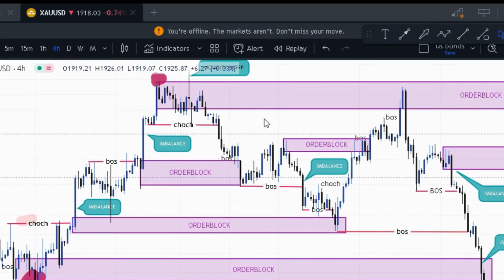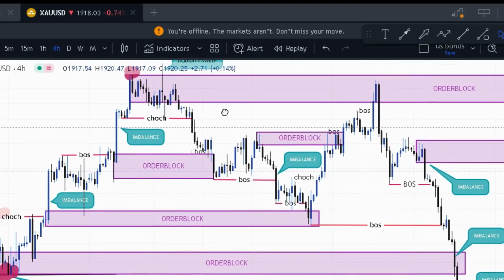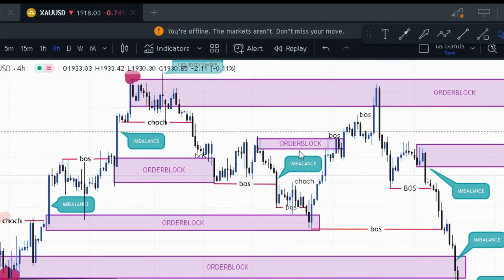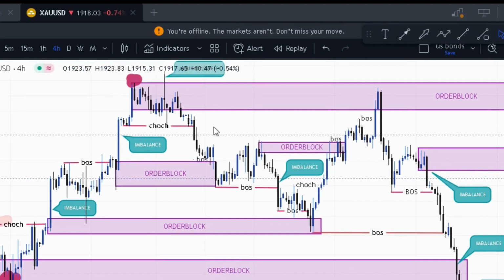With that change of character, there is one zone here where I remember I took this trade, and I was a little bit worried because you can see there is this order block here.